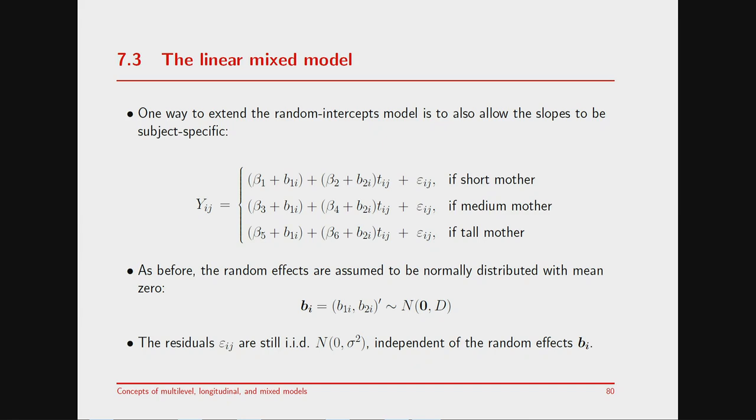And more specifically, we will assume that the two together, denoted by the vector bi, which is now a bivariate vector, follow a bivariate normal distribution with mean 0 and a 2x2 covariance matrix D. And as before, the residuals still follow a normal distribution with mean 0 and variance sigma squared.